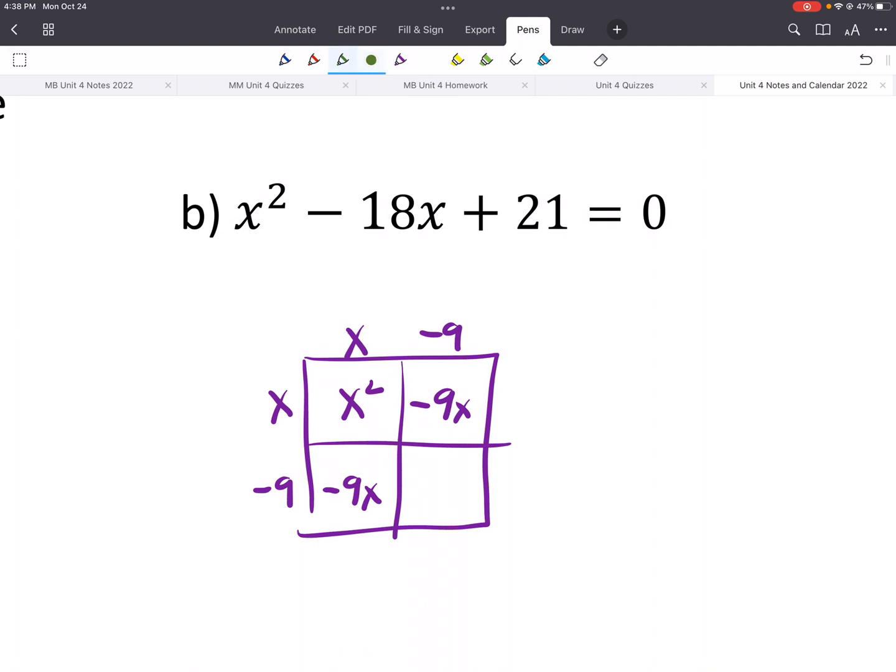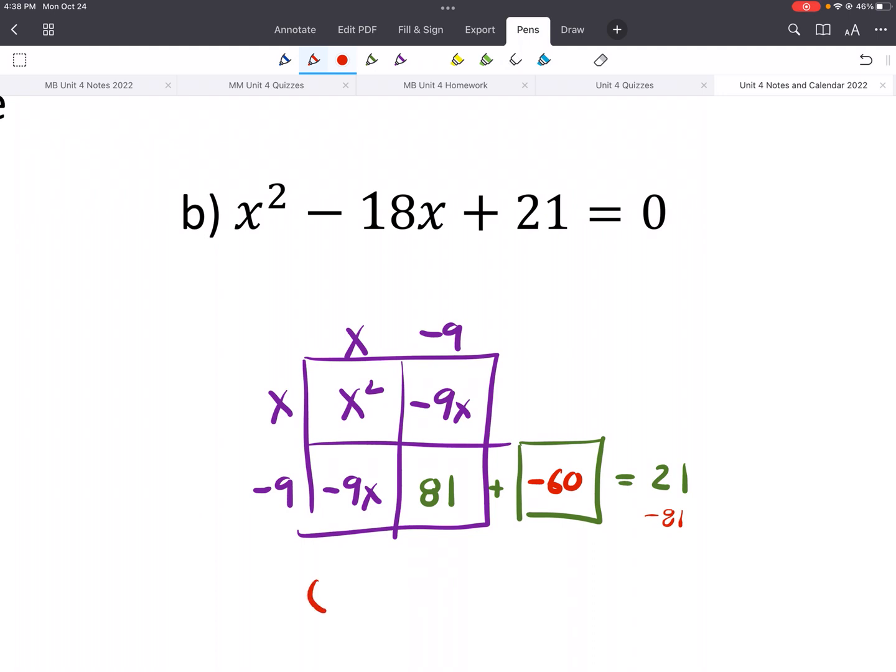And then to complete the square, it would have to be -9 times -9, or -9 squared is what? 81. Okay. But we don't want 81. We want 21. So again, I think an easy way to do that is just subtract 81. Okay, and I think that gives you -60. Right? Yeah.